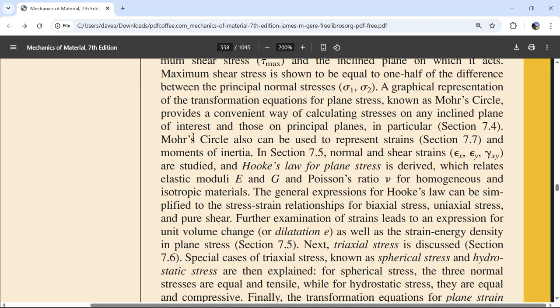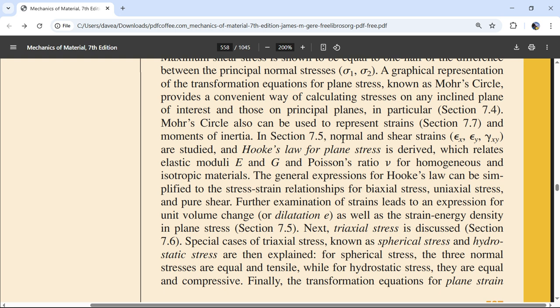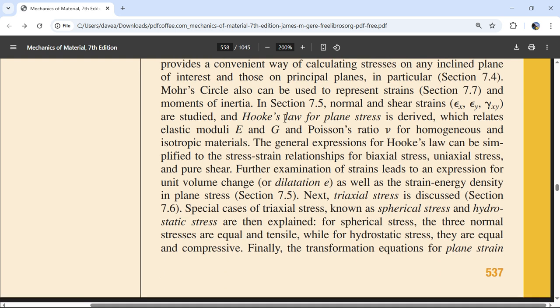Mohr's circle can also be used to represent strains. In section 7.5, normal and shear strains: lengthening or shortening in the x direction, lengthening or shortening in the y direction, and then in the xy.